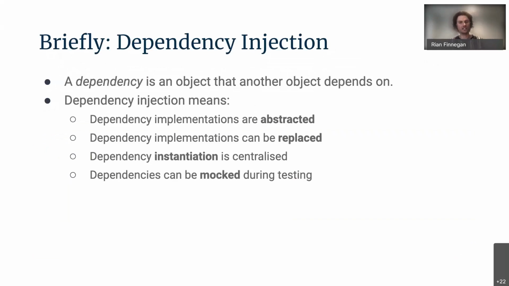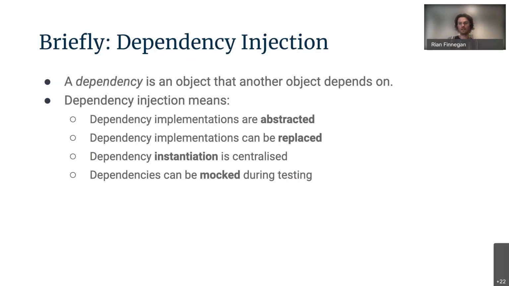And dependency injection is probably the most useful concept and pattern I think I ever learned in my career. So, a dependency is obviously an object that another object depends on. And the benefit of dependency injection is that your implementation is abstracted away from where it's used. So as the consumer, I don't need to care how it's implemented. Those implementations can then be replaced.